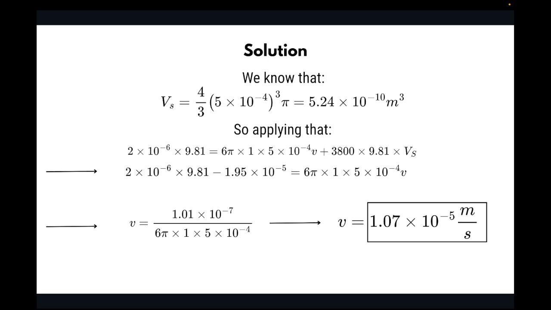And so we get an equation that looks fairly similar to what our equation looked like last time. And so once again, we just isolate v, except this time our numerator is actually just going to have a different value. And we find that the velocity is equal to 1.07 times 10 to the negative fifth meters per second.